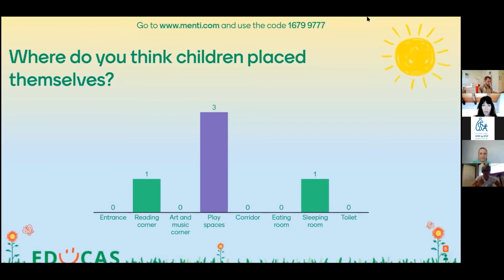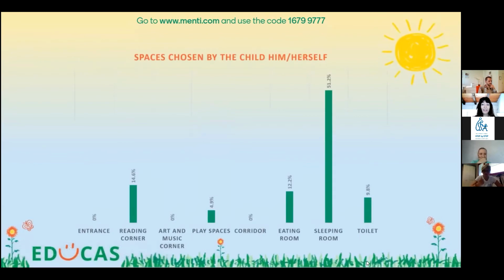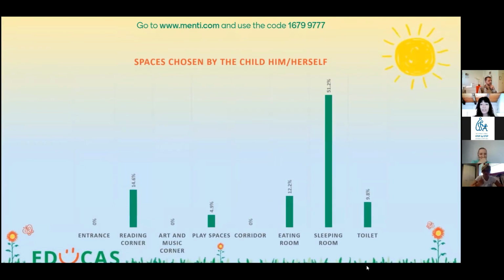Okay, so we have a reading corner. 3 people thought about play spaces and 1 sleeping room. Let's see what children actually chose. These are the choices of children. 51% chose the sleeping room.